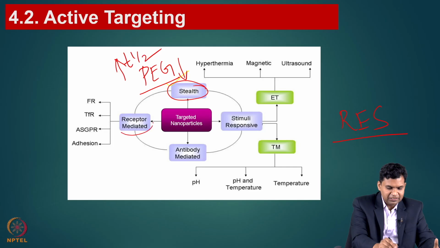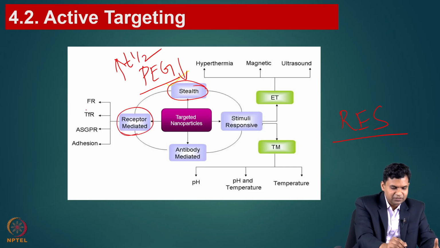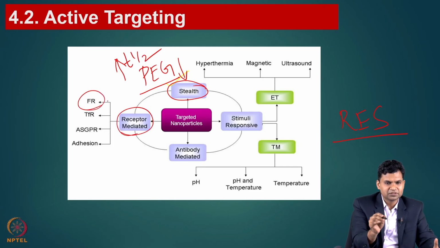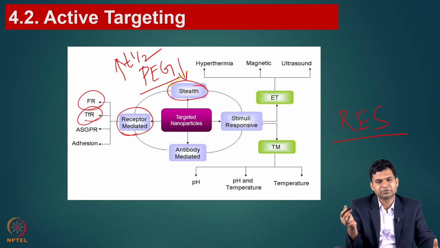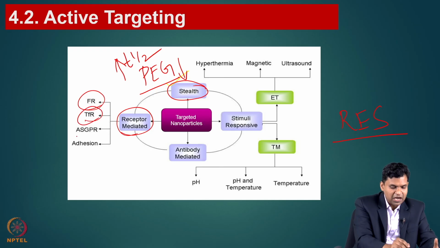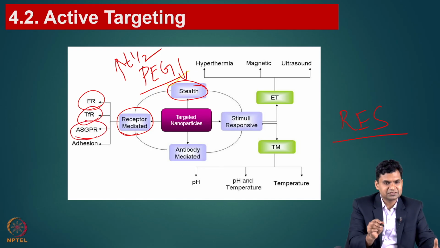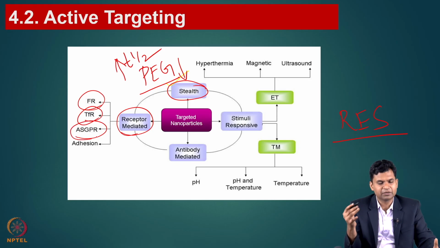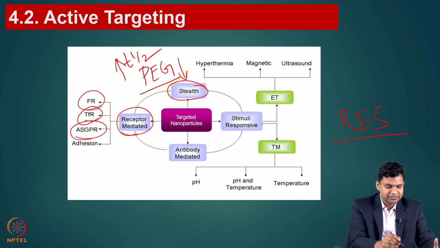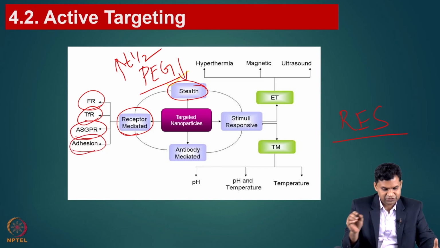Now, this we have already seen: receptor mediated targeting. This is a folate receptor, where we can target using the folate molecule; the transferrin receptor, which we can target by using transferrin; and the asialoglycoprotein receptor, which can also be targeted by using various carbohydrates and also by adhesion.